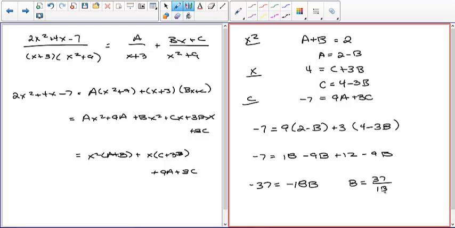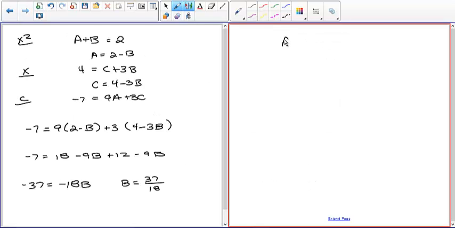Then you can substitute back in and get A. So A is equal to 2 minus 37 over 18, and 2 is 36 eighteenths.